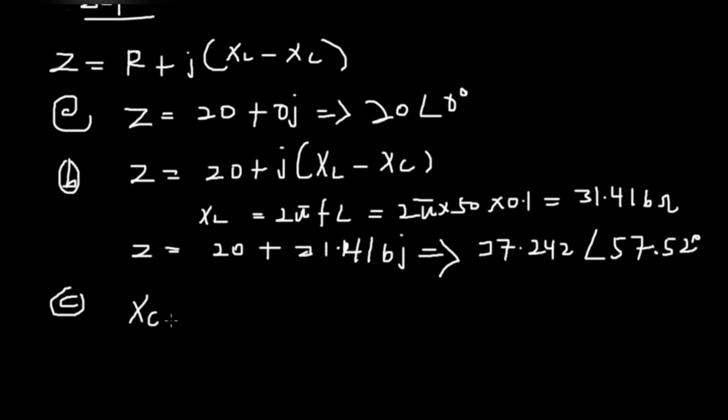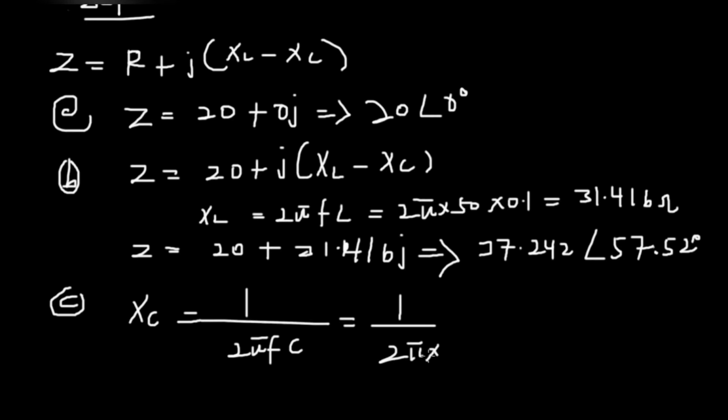We were given only C, so let's find XC. XC equals 1 over 2 pi f C, that's 1 over 2 pi times 50 times 40 times 10 exponent minus 6. This will give us 79.577 ohms.